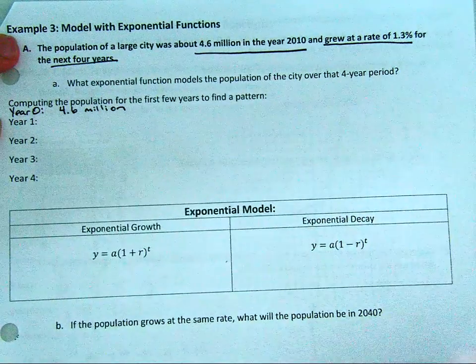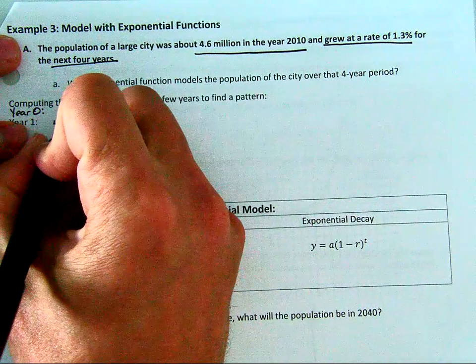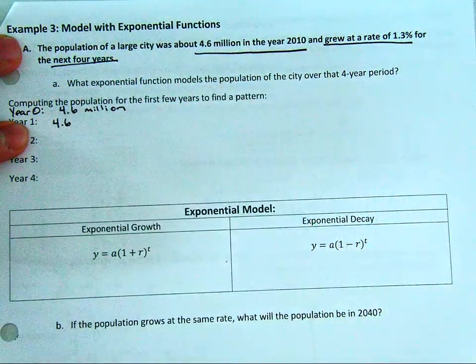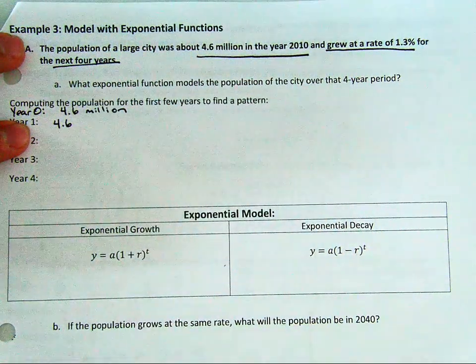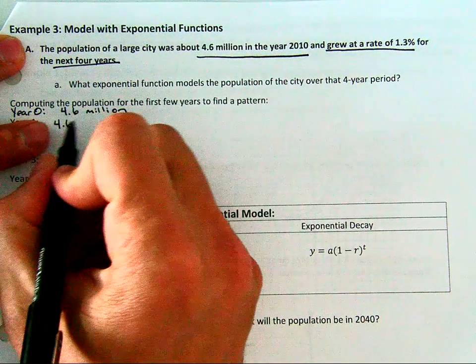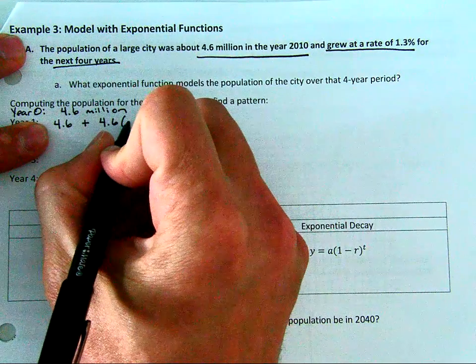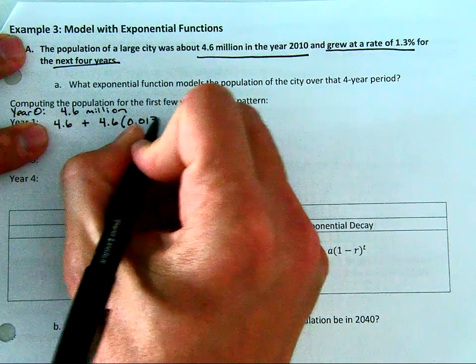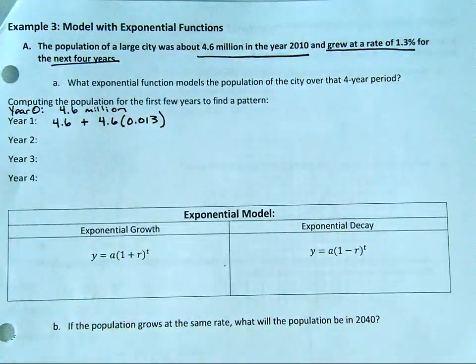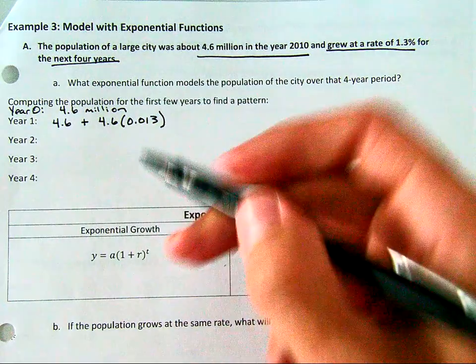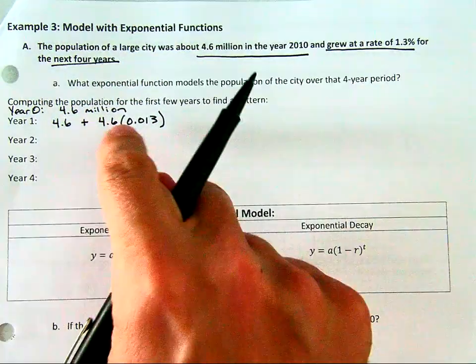So to find that, we're going to take the 4.6 and add whatever 0.013 times 4.6 is. We're going to find whatever 1.3% of 4.6 is and add that to the 4.6. Okay, this will tell us what the increase is.